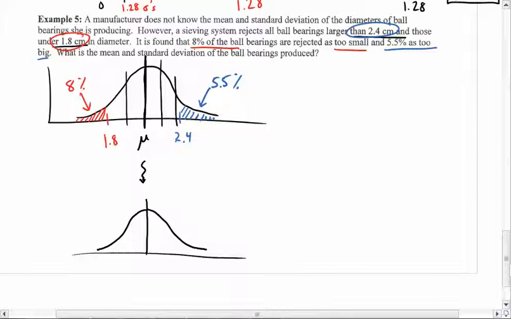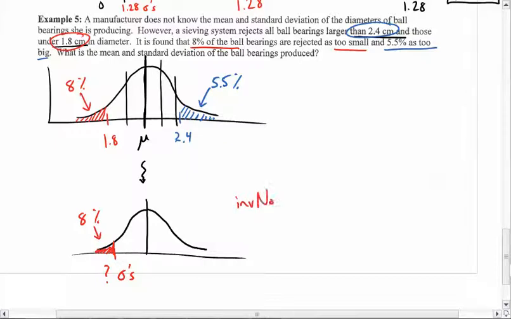Okay, so let's first do the number 1.8 and see how we can convert that to a standard normal. Well, we know that even on the graph of the standard normal, there's still going to be 8% of the data below that point. We want to know how many standard deviations, how many sigmas, that is. So let's use the inverse normal function.